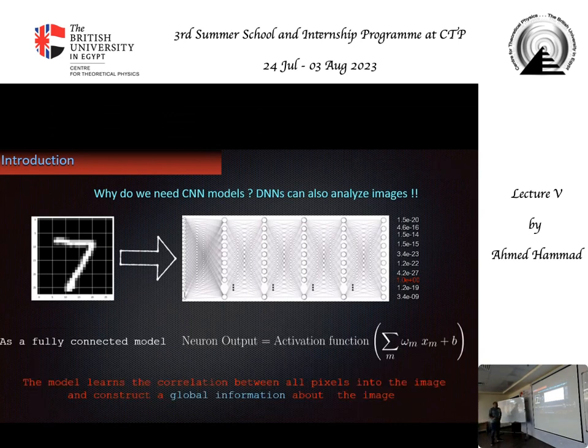The fully connected model, which sums all the weights into one neuron, learns all the correlations between the pixels.